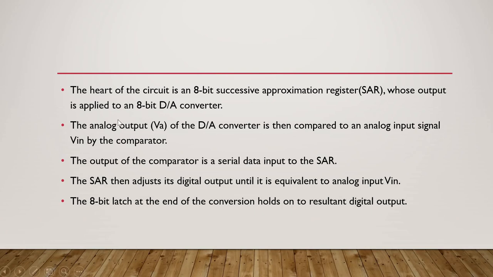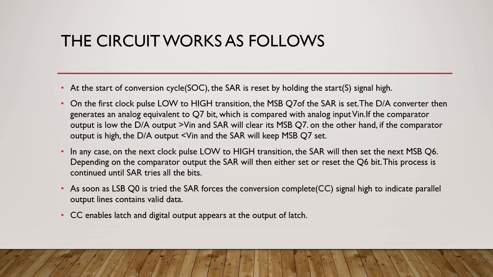The output of the comparator is a serial data input to the 8-bit SAR, the successive approximation register. The SAR adjusts its digital output until it is equivalent to the analog input Vin. Then the 8-bit latch at the end of conversion holds the resultant digital output.